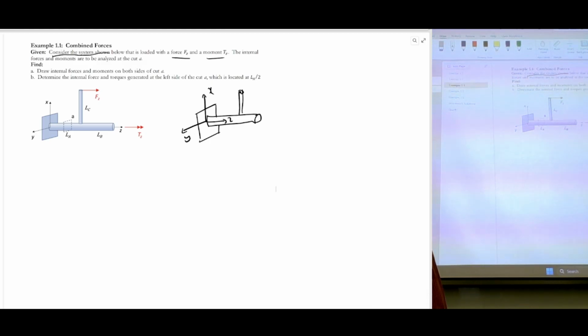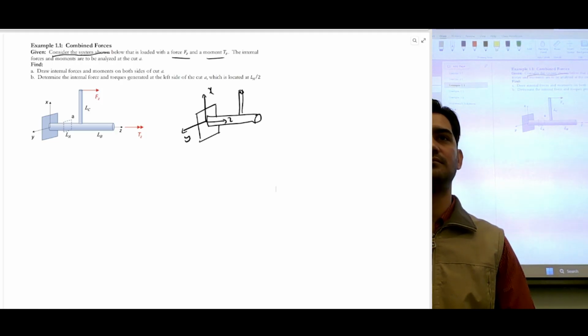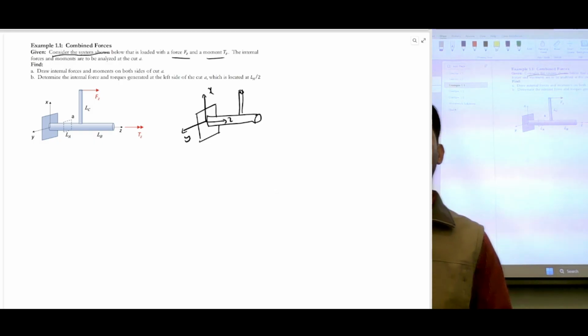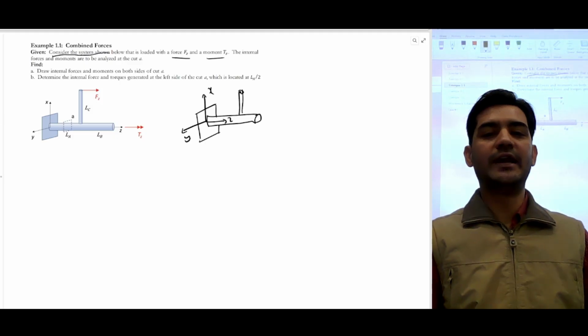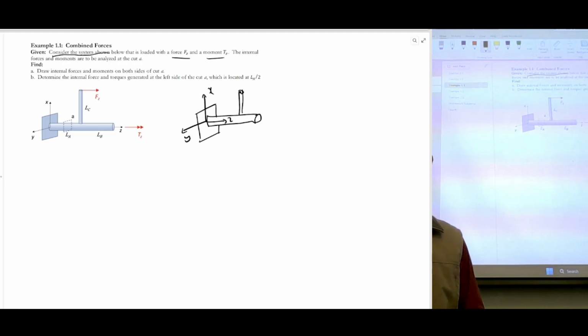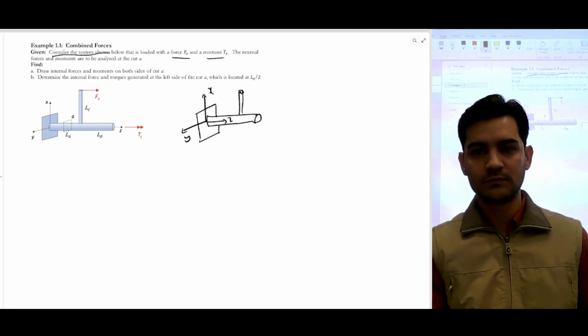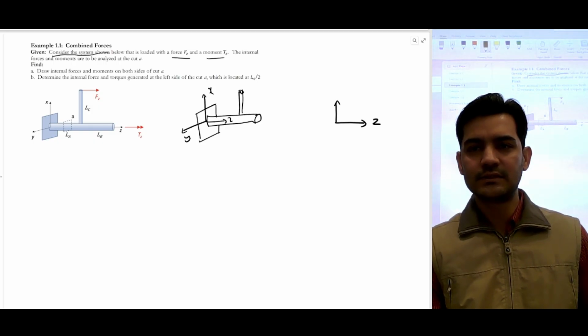So it's a 3-dimensional example. So we'll try to calculate the reactions for this case. This is the z-axis, this is the x-axis, this is the y-axis.